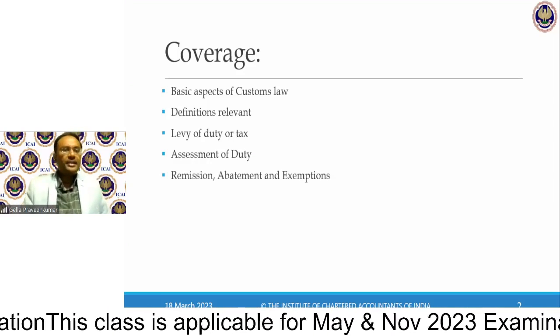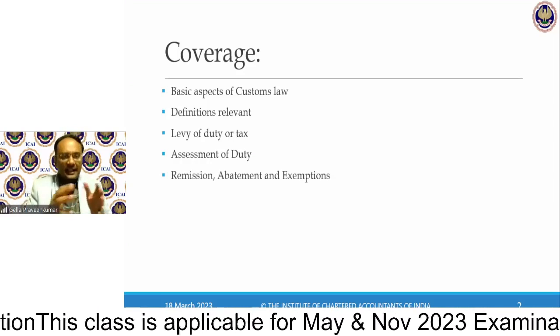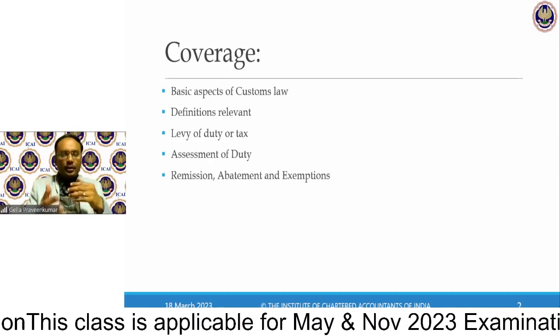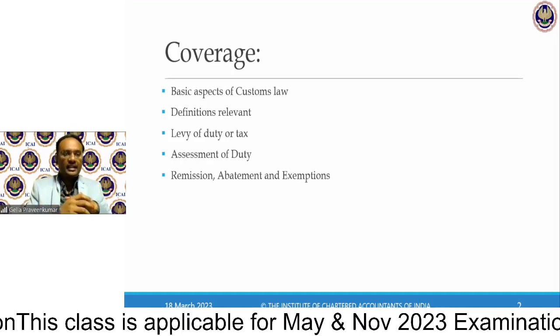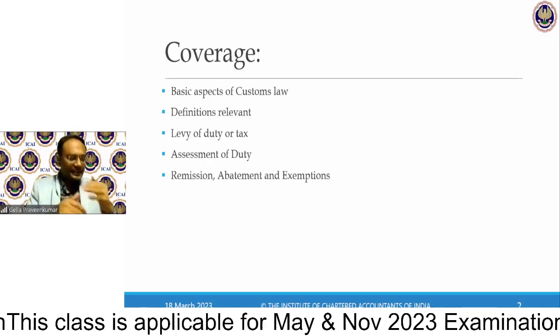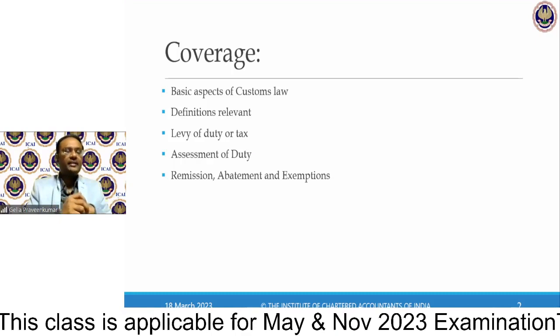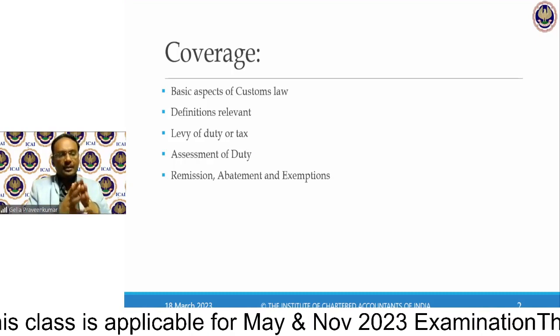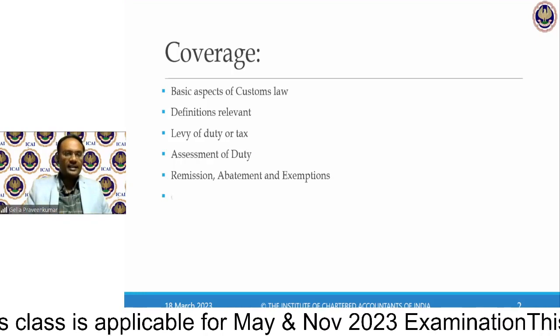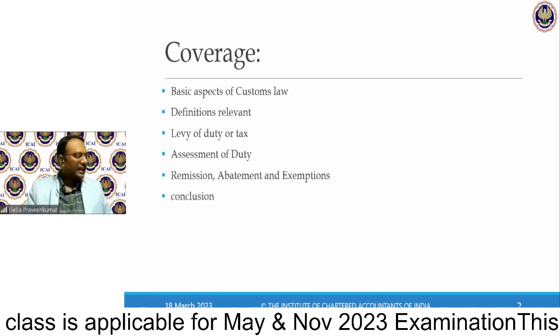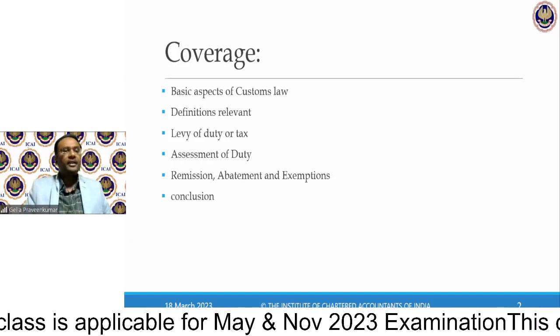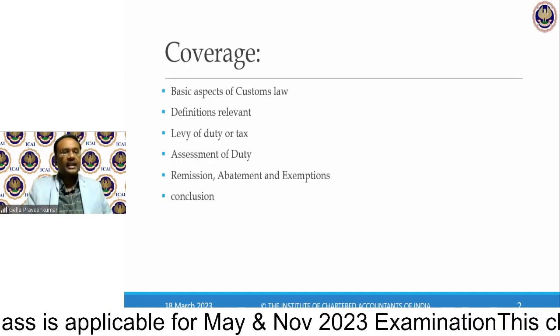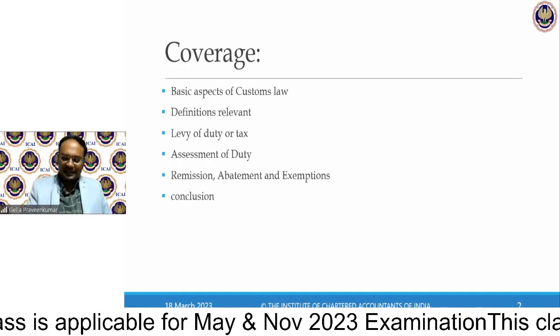There is something called remission, abatement, exemption. When goods have reached Indian customs, in case the goods are in a damaged condition, if the goods are not fit for consumption as it is, then there's a process called remission under customs law. Finally, I'll take you through a couple of important aspects connected with exemptions under customs law.